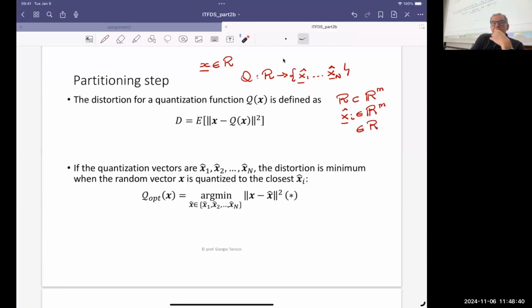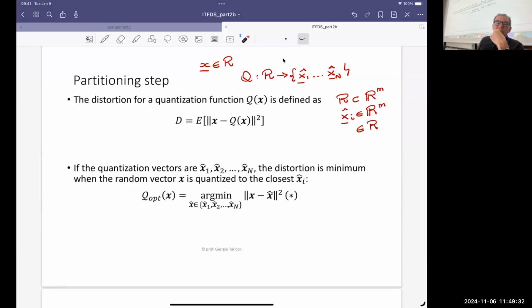Because of the definition of the distortion function that depends on the distance of the vector x from its quantized version, from its corresponding quantization points, assuming that the quantization vectors are x1 hat, x2 hat, up to xn hat, the distortion is minimum when the random vector x is quantized to the closest of these n quantization vectors, that is the closest x hat i.